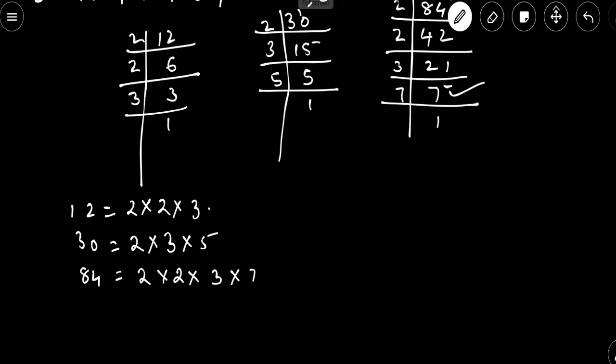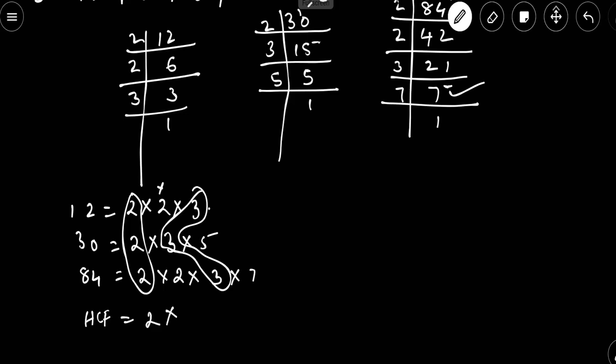So what I have to do is calculate the common numbers. So this is the common number, that is 2. If you see, 3 here, 2 is not a common number. So 3 is the common number, can you see here 3? So 3 is the common number. Okay, so HCF is equal to how much? 2 into 3, so that is 6.